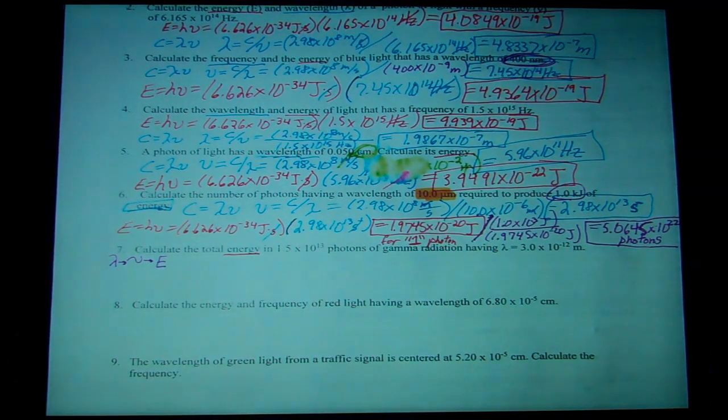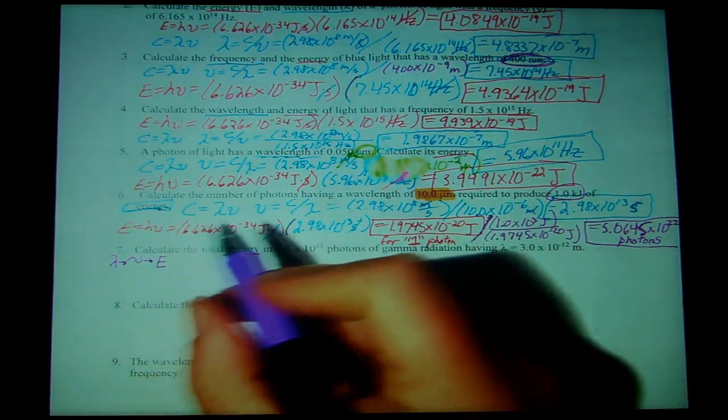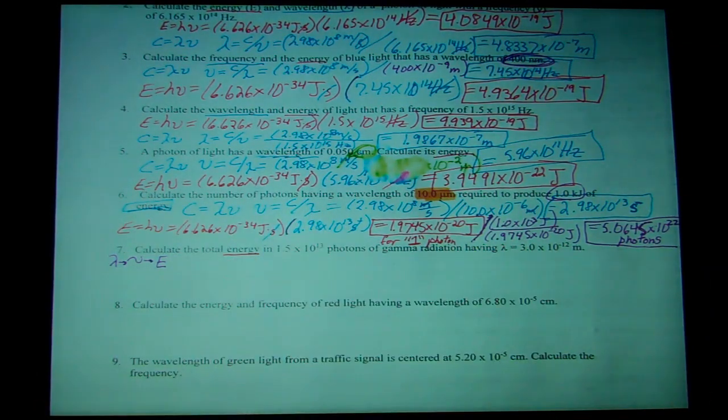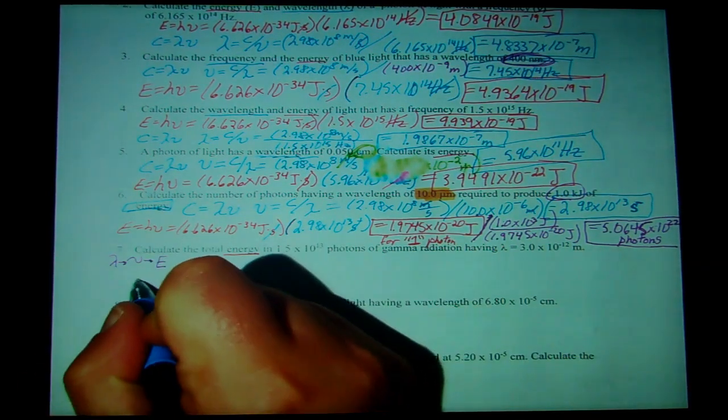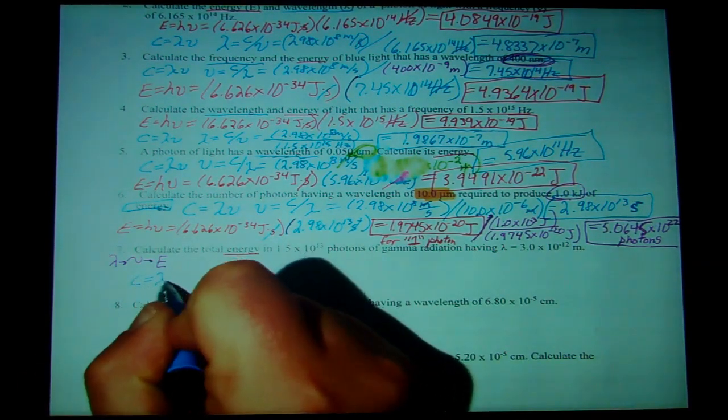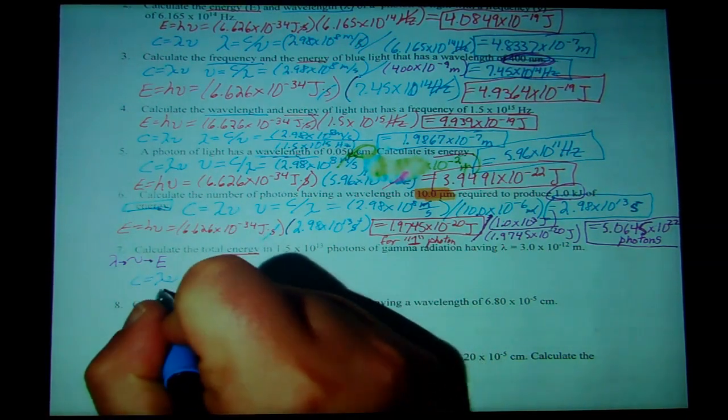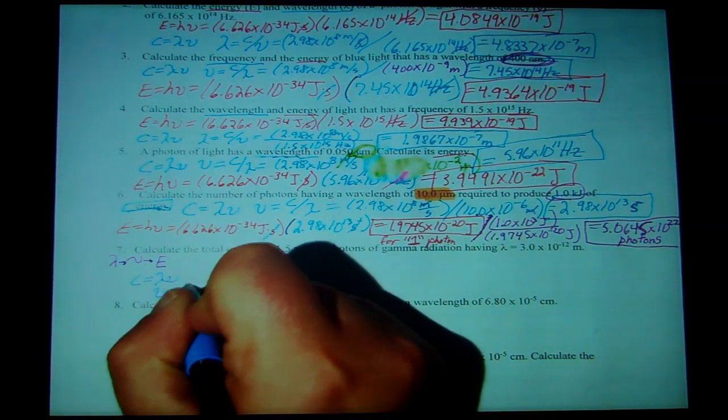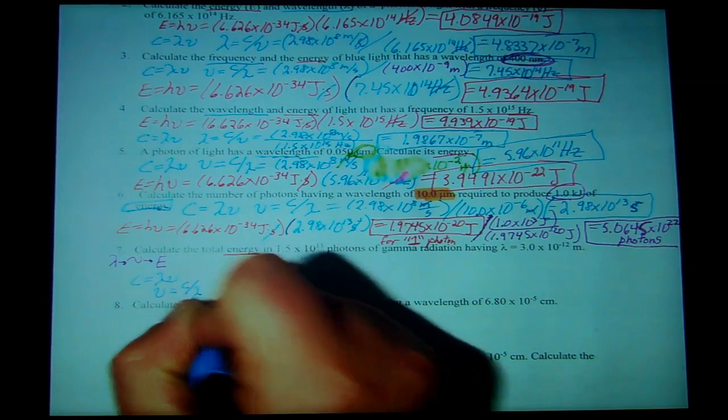So going back to what we said before, either you're solving for, starting with, or going through frequency. In this case, we're starting with wavelength and trying to find frequency. So we're going to start with the speed of light equation, because that has wavelength in it. Speed of light equals wavelength times frequency. And from there, frequency is the speed of light divided by wavelength.